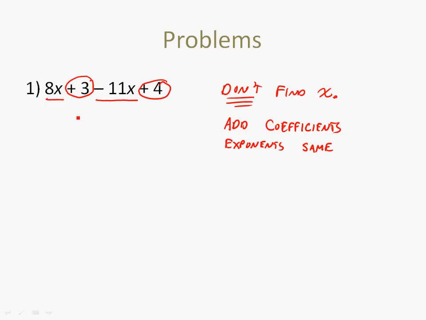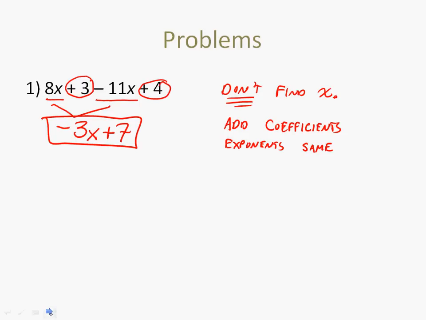So let's combine our like terms. So we have to do 8 minus 11 for the x's, since those are the coefficients. So we'll end up with negative 3 x's. And then when I do positive 3 and add positive 4, I get plus 7. So my answer is negative 3x plus 7.